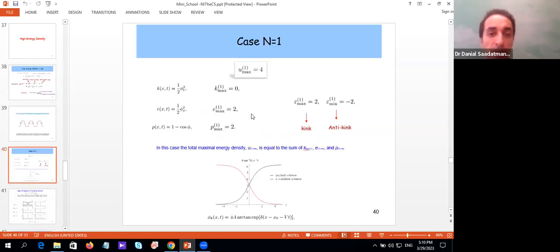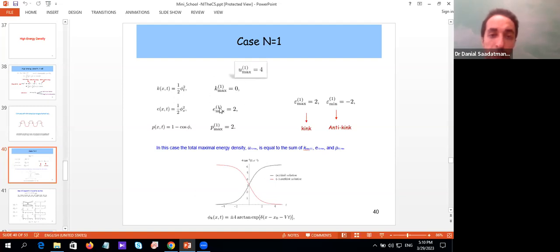Let's start with the case of one kink, where we can easily calculate the maximal value. We know the exact solution of the kink for the Sine-Gordon model. If we calculate the kinetic energy, it will be zero.